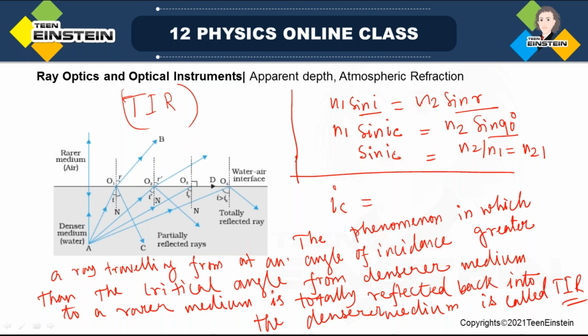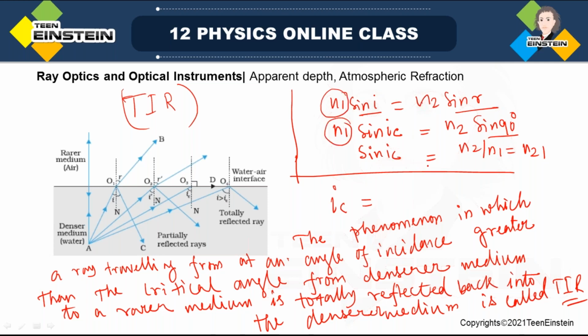If you want to write sin IC, see, this is the denser medium N1 and this is the rarer medium N2.